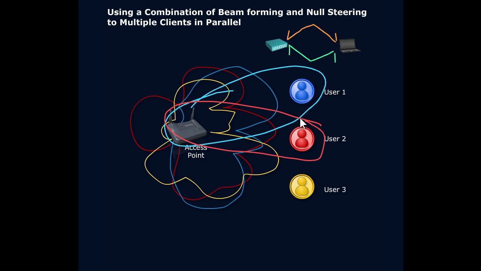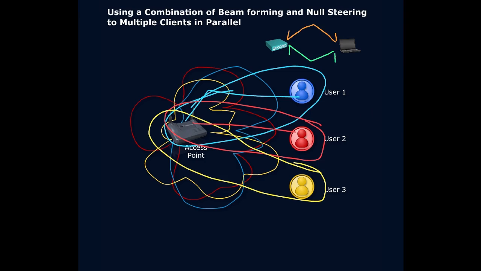In other words, what if at the exact same time, at the exact same frequency, at the exact same channel, I was able to take my different antennas on the access point and say, okay, here's a signal that is going to user 1, here's a signal that's going to user 2, here's a signal that's going to user 3. Wow, I'm simultaneously able to send out data to different users at the same time.